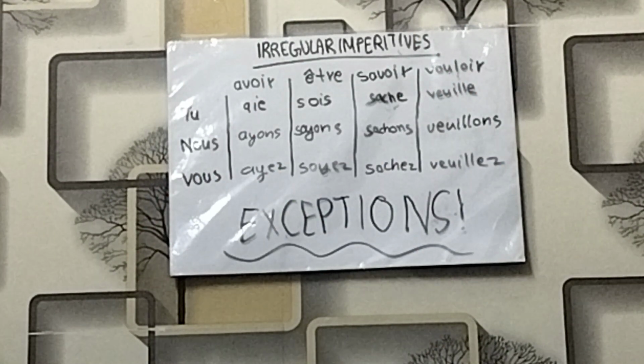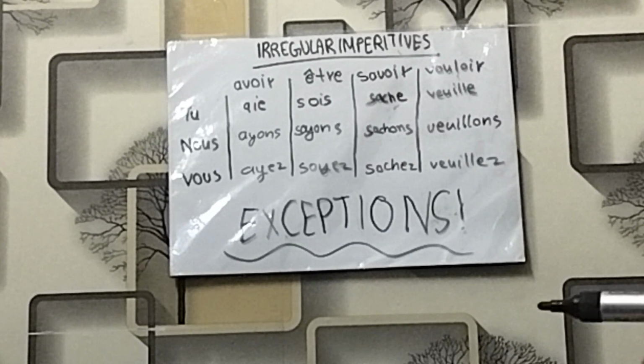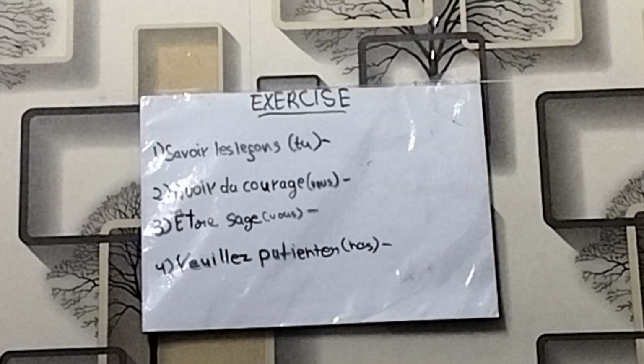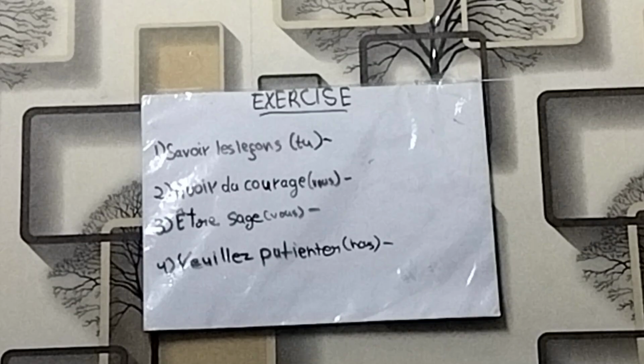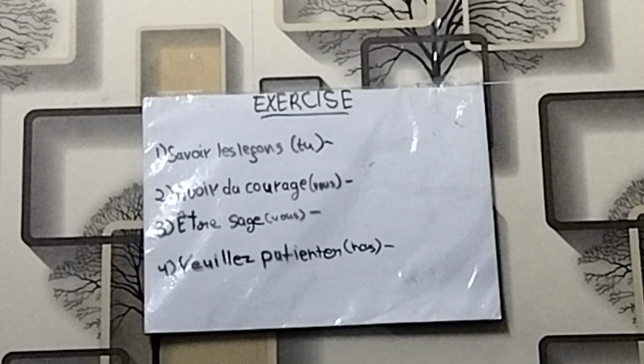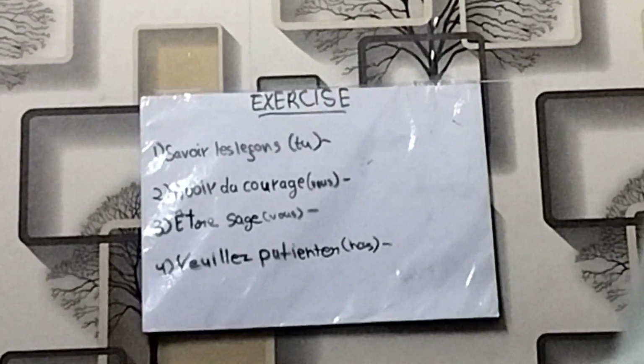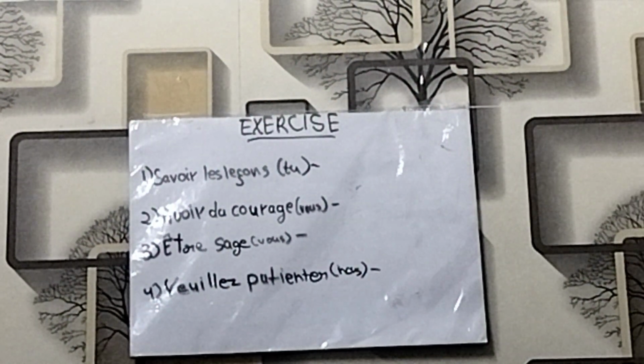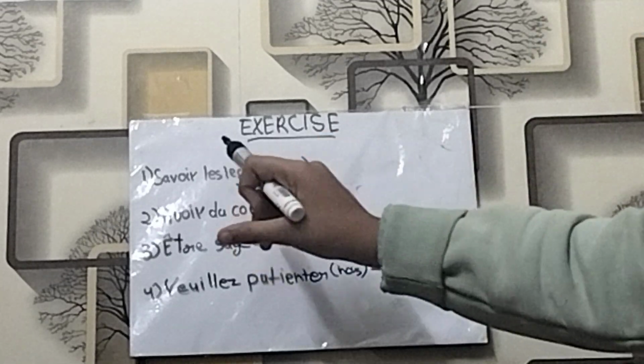And now let's quickly do the exercise for some exceptions, and then your class will be over. So just memorize them fast. Let's start our exercise. So we have savoir l'écho.